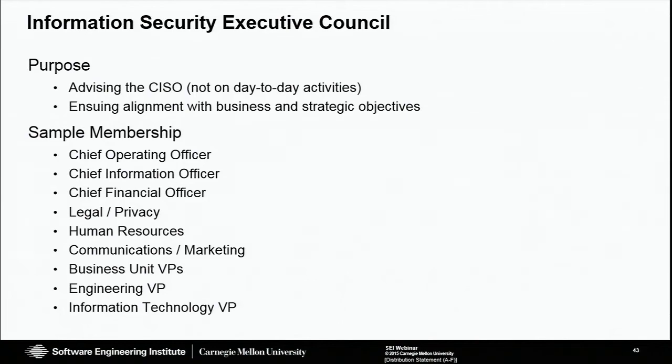This council is one of the ways to enact governance as managed by the Chief Information Security Officer, and as you can see, it includes legal concerns, financial concerns, obviously HR, because this is a big people issue. But you also want to have the business unit leadership VPs, the engineering VP, and certainly whoever is responsible for managing information technology.